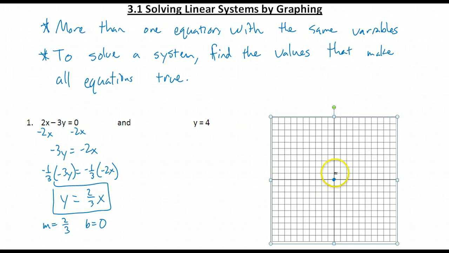Y-intercept of 0, slope of 2/3. Now all of these points on this line make this first equation true. They're all the ordered pairs, the x and y values, that give me an equivalent statement.